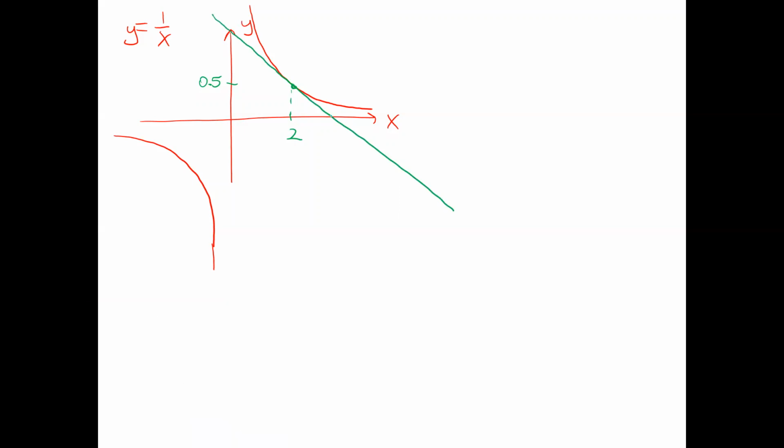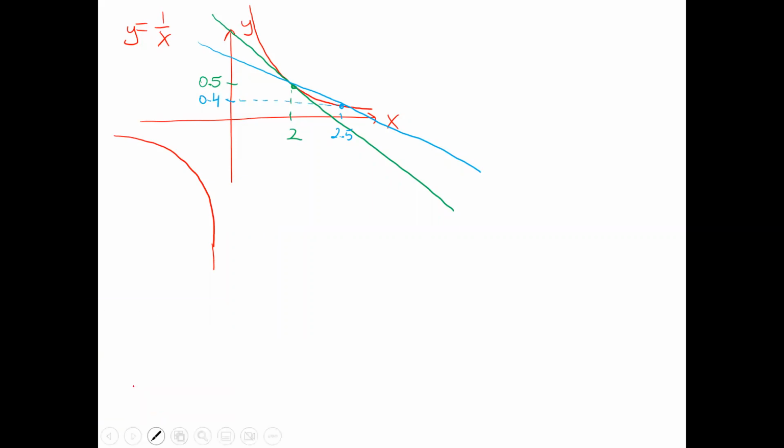That means I will pick a value, 2.5. This is my second point. The value for the reciprocal of 2.5 is 0.4. You may check using a calculator.